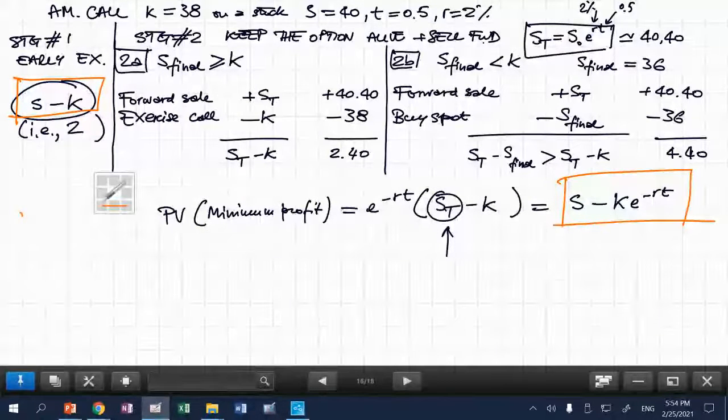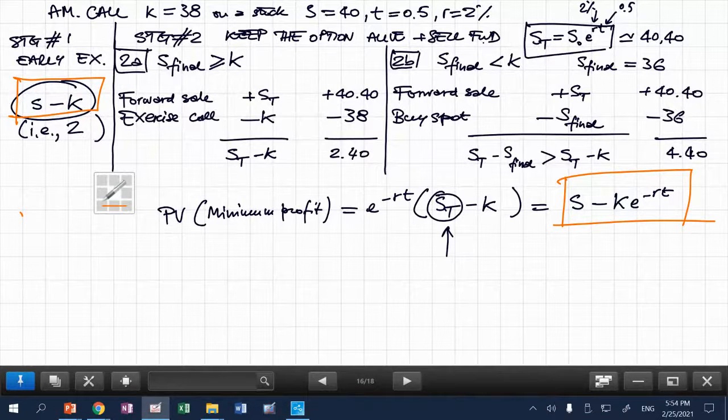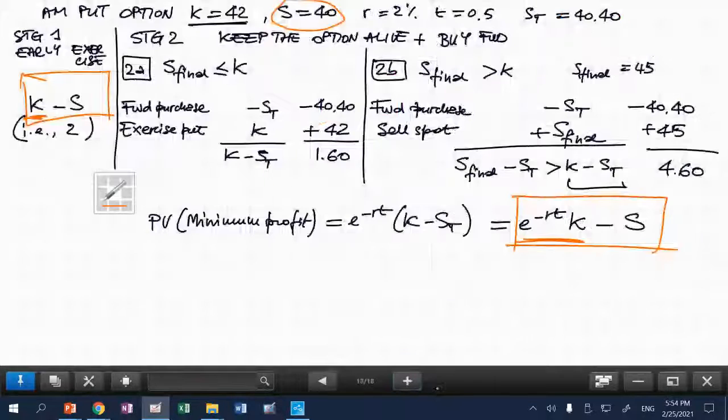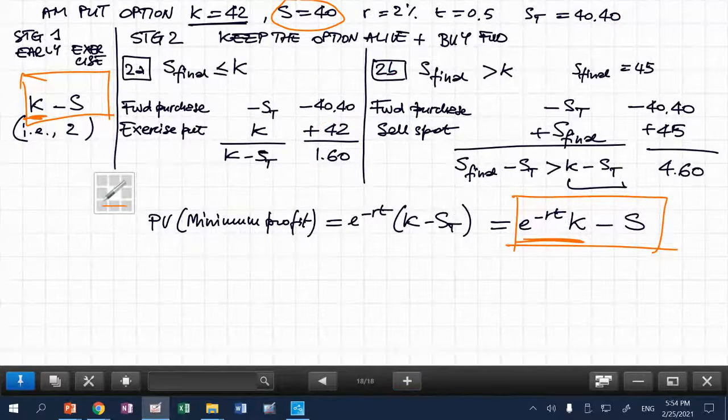In the case of the call, you have a situation in which you cannot rule out early exercise, whereas in the case of a put, you can, because K discounted is larger than K. Have I been clear?